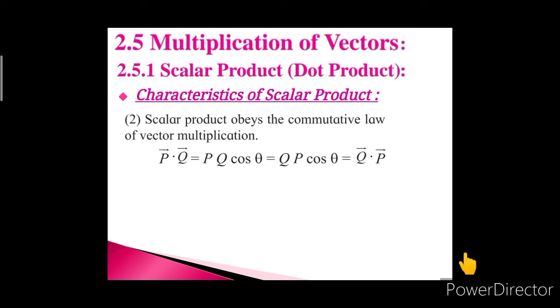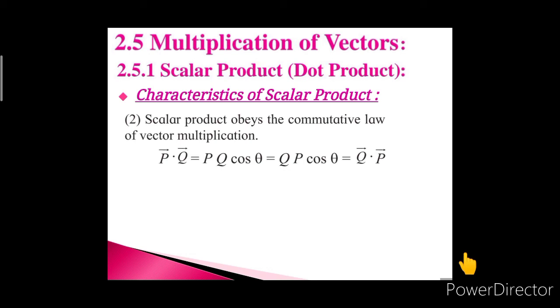Vector P dot vector Q we get as PQ cos theta, and when we change the order, it is written as vector Q dot vector P. The same result is obtained, that is QP cos theta. Hence, in the scalar product, vector P dot vector Q can also be written as vector Q dot vector P. That's why it is said to obey the commutative law of vector multiplication.